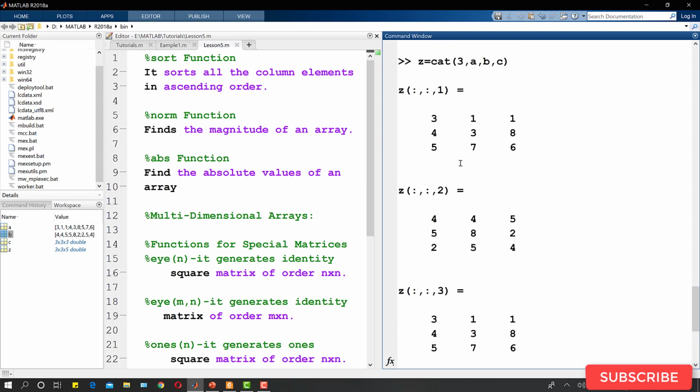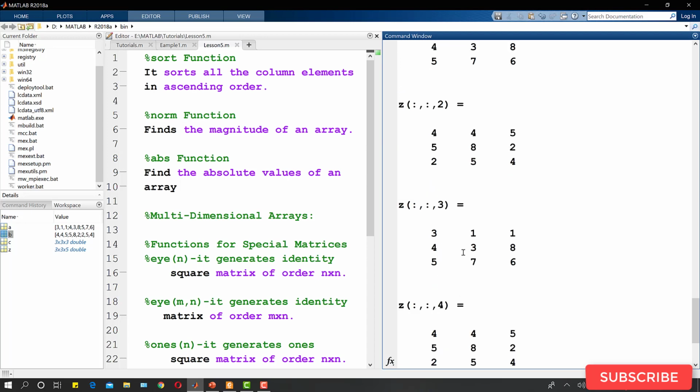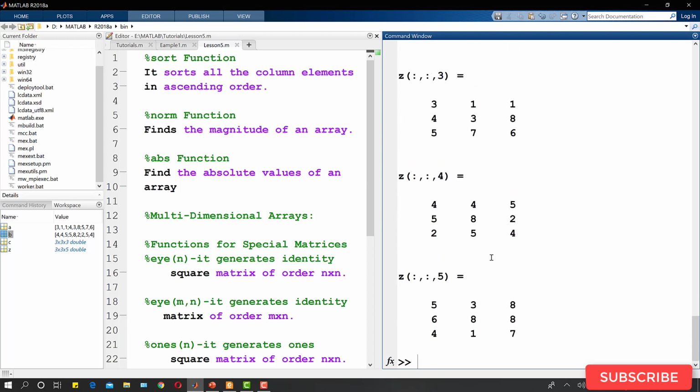First page contains the A matrix, second page contains the B matrix, third page contains the first page of C matrix, and the fourth page contains the second page of C matrix, and so on. As a whole we have 5 pages, because in C we had 3 pages, in A we have 1 page and in B we have 2 pages. So as a result we have 5 pages in Z matrix.